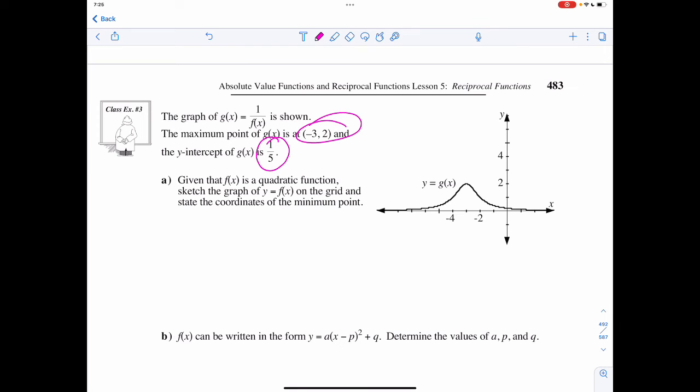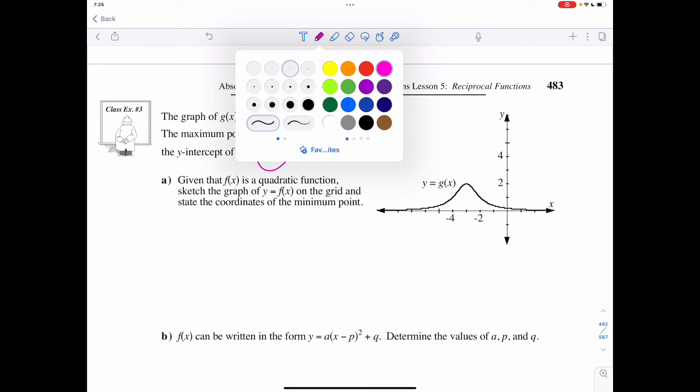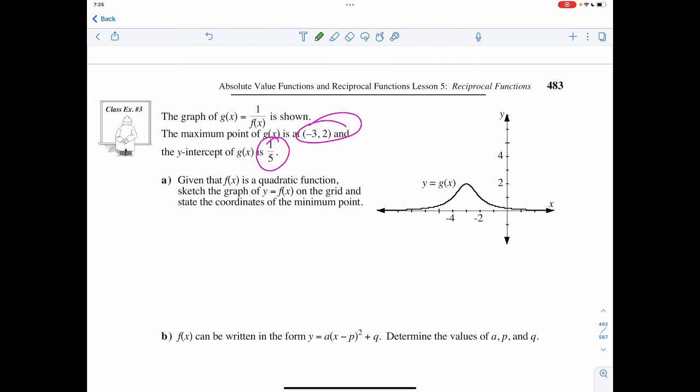So, based on the information we're given, we know that the minimum is going to be at -3 and 1/2, taking the reciprocal of the maximum.